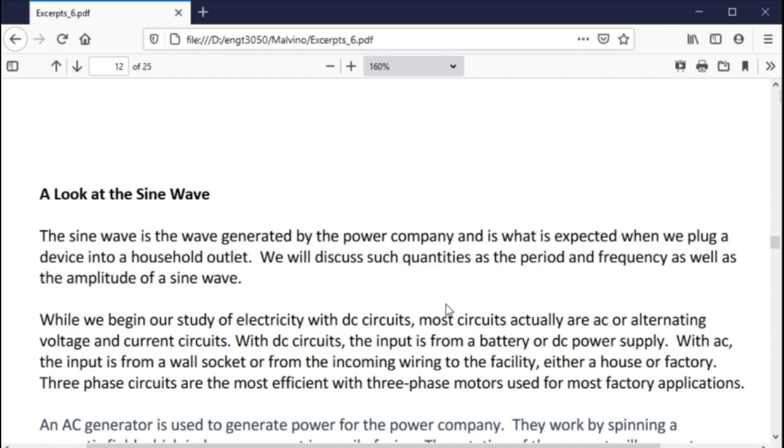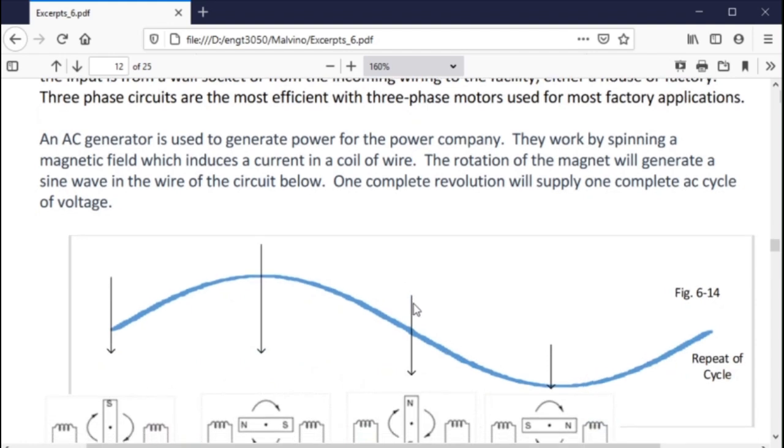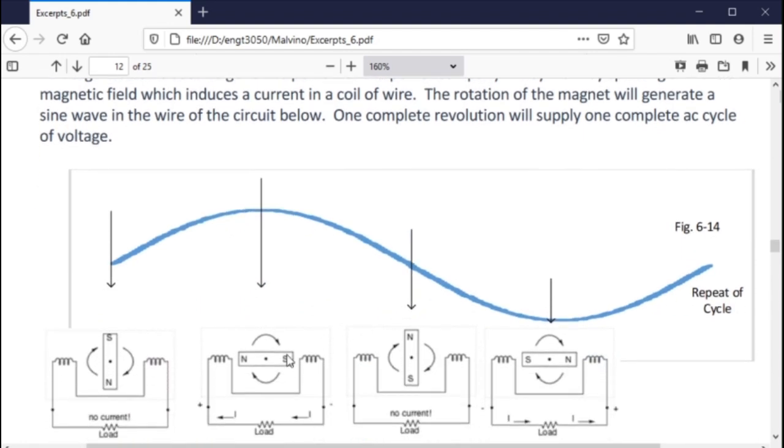Okay, so we are now looking at a sine wave and how an AC generator generates that. You can see that it is generated by the magnetic forces created by having a magnetic field spinning. As the magnetic field gets closer to the coils, the value of the voltage and the current goes higher, and as it spins away from them, it goes lower.